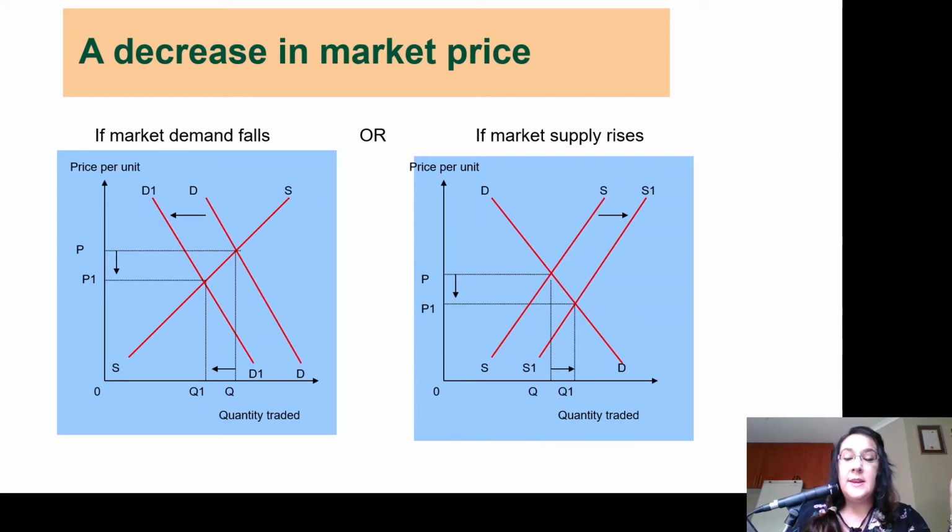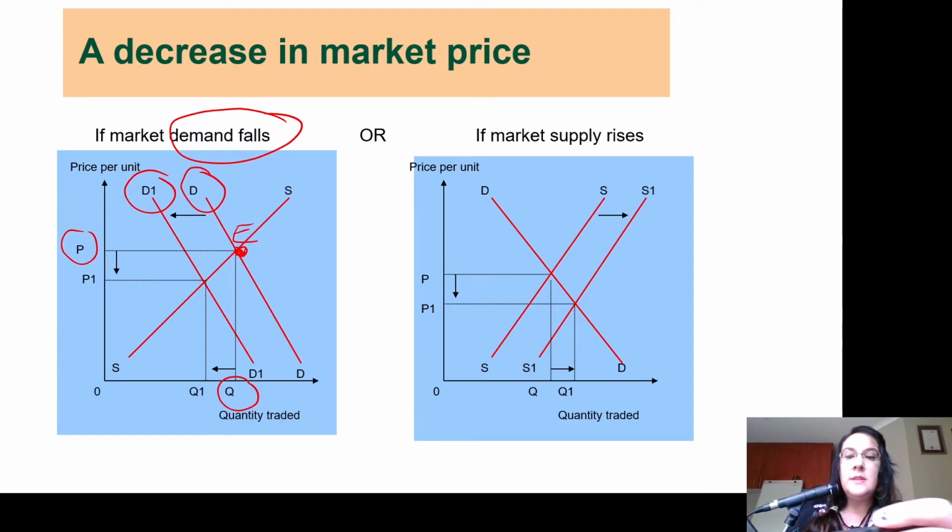Let's look at a decrease in demand. So if my demand falls, this is a movement from D to D1, which is an inward shift of the curve. And if I have a look over here, this was my normal or my original equilibrium point. This was my price, and that was my market quantity.